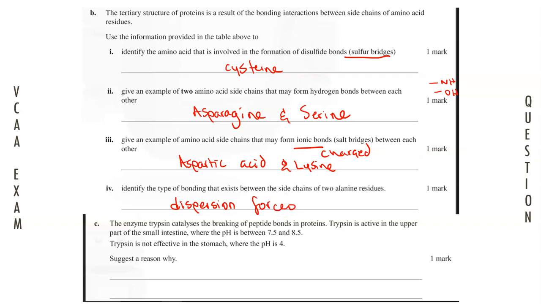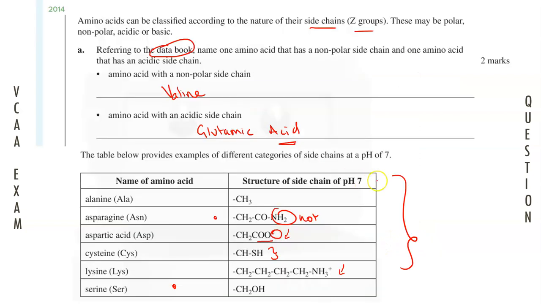Okay, the last bit of this question says the enzyme trypsin catalyzes the breaking of peptide bonds. Trypsin is active in the upper part of the small intestine where the pH is between 7.5 and 8.5. Trypsin is not effective in the stomach where the pH is 4. This we will talk about in our next video with enzymes, but essentially what we're talking about here is if we change the pH, we are going to change the environment that these side chains are in.